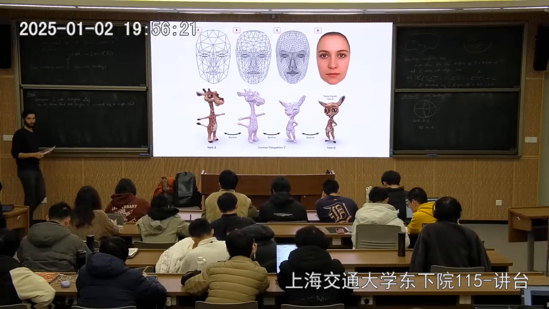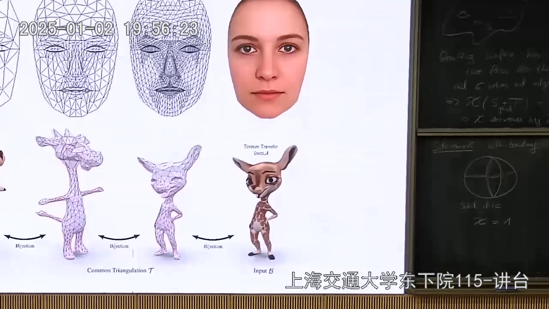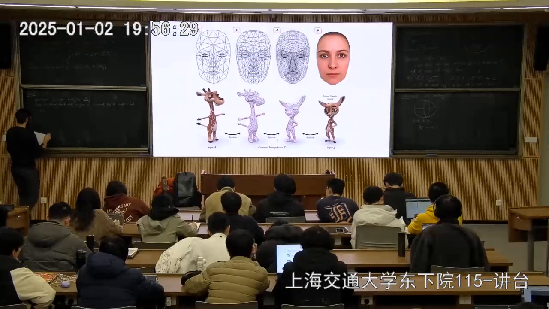So that means in particular it has a nice oriented frame, and that means that we can apply our local Gauss-Bonnet to it.